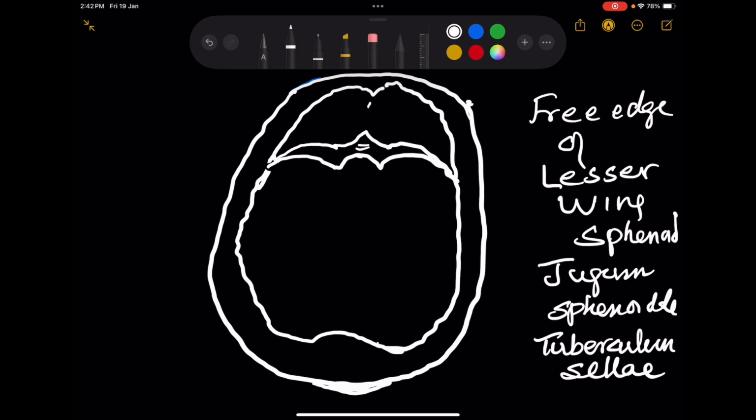Anterior to this, you have a crest which is called the crista galli, because the falx cerebri is attached to it. Between the frontal crest and the crista galli, you have a foramen. Let me make the foramen blue.